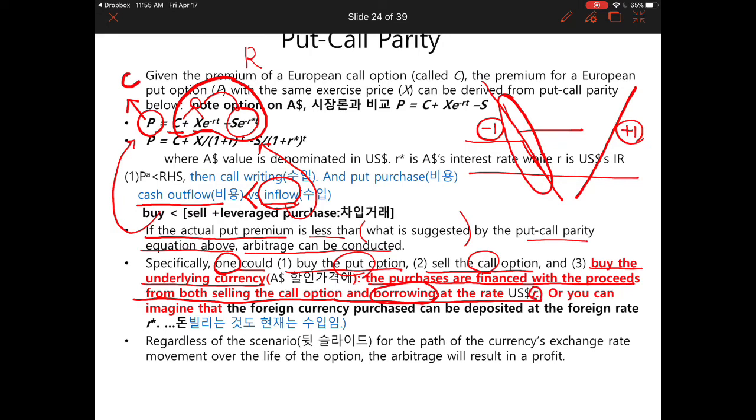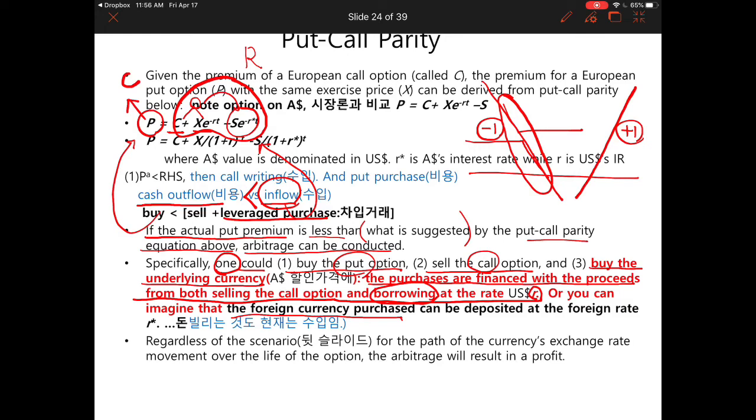There is another way to borrow. You can directly borrow from the bank, or you can go to the capital market and issue a bond, right? By issuing a bond, you can borrow money from the investors on that bond, which you are issuing right now. So you can imagine the foreign currency is purchased by leverage.